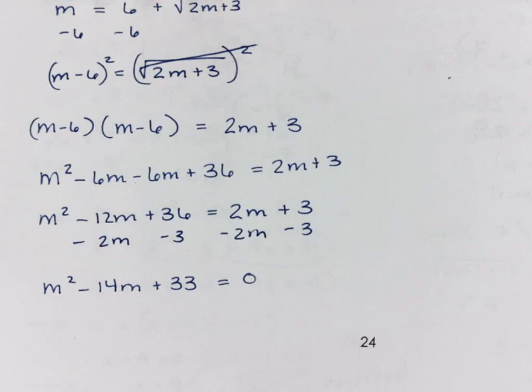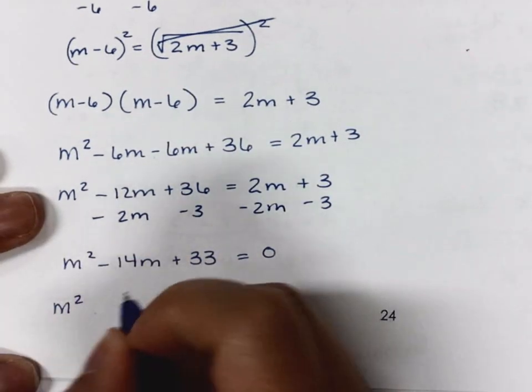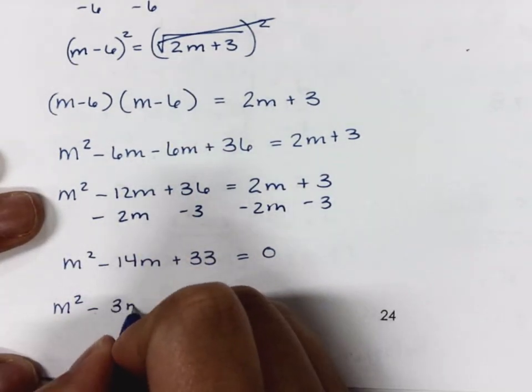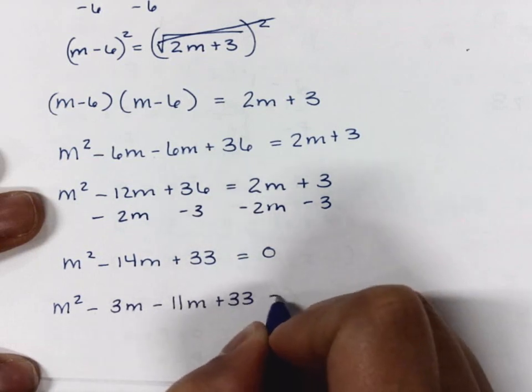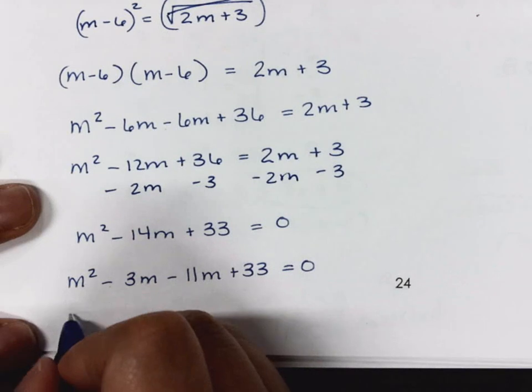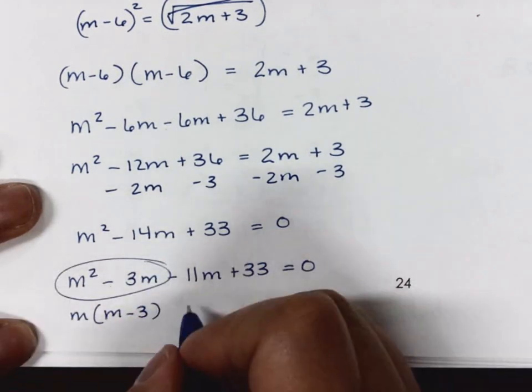I can factor it. 3 and 11. So m squared minus 3m minus 11m plus 33 equals 0. So I'm looking at those two.